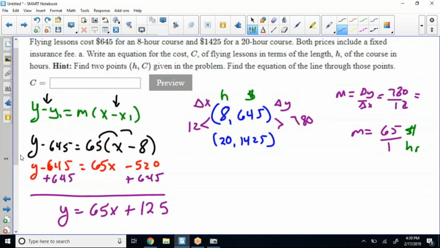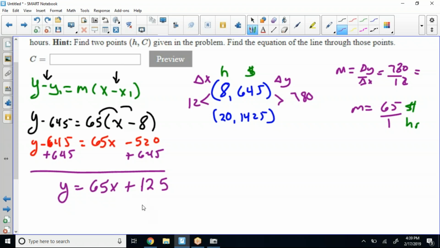Before you even get up in the plane, it's going to cost you $125, and that $125 would be the insurance fee, right? Because if you think about it, this 125 is actually the y-intercept, and that's when x equals 0.